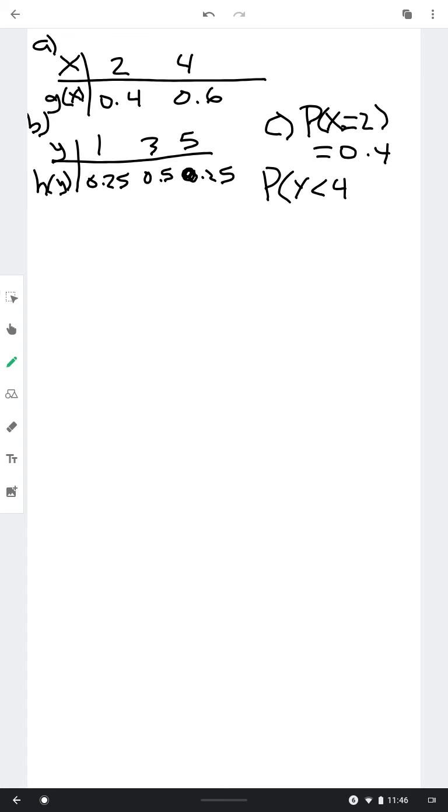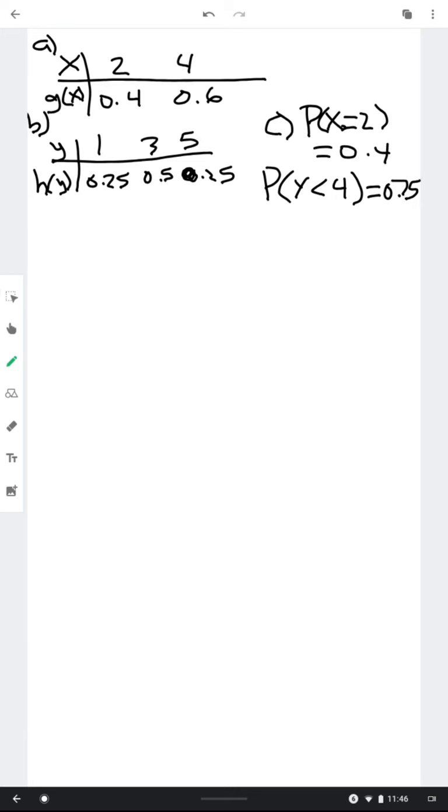Well, we can look at our marginal probability. The probability of y being less than 4 is going to be these two values here, which is 0.75.